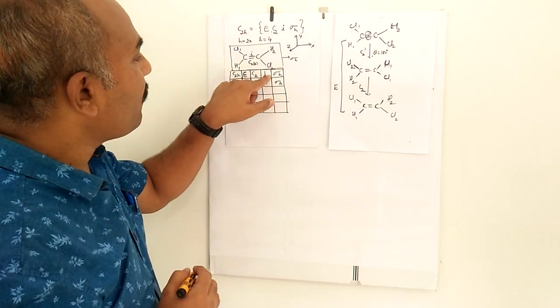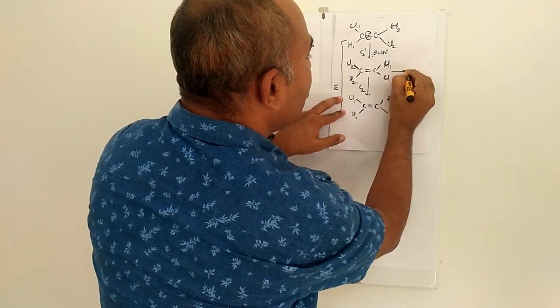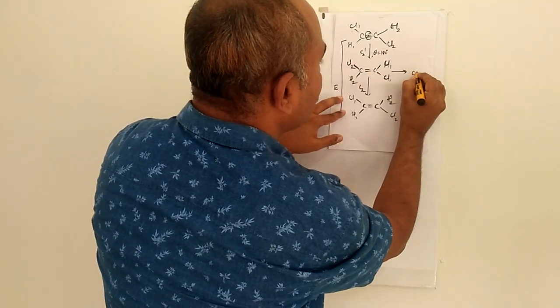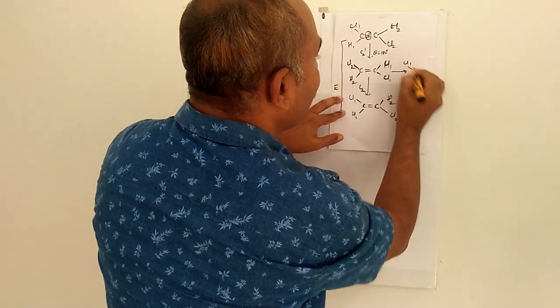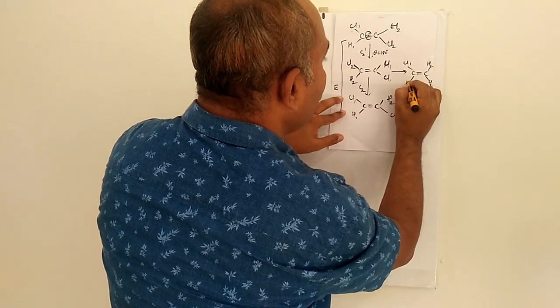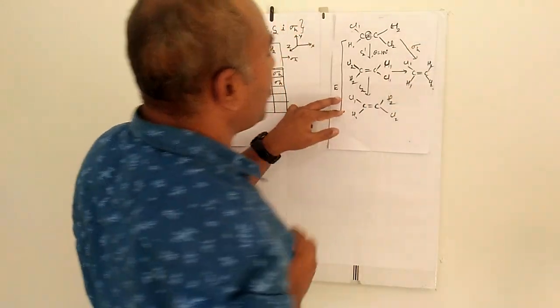So then C2 followed by inversion center. Already I did the C2 here, then you take the inversion. If you take the inversion, these will be exchanged with each other. So this will be Cl1, this will be Cl2, this will be H2, this will be H1. This is directly obtained by doing the sigma h operation.